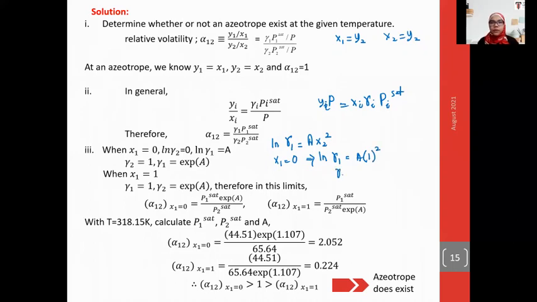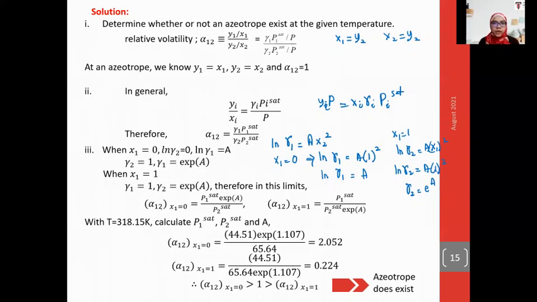If we have x_1 equal to 1, using this, ln gamma_2 equals A x_1 squared, so ln gamma_2 equals A, and gamma_2 equals exponent A.